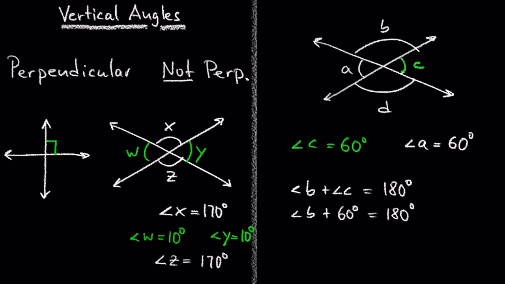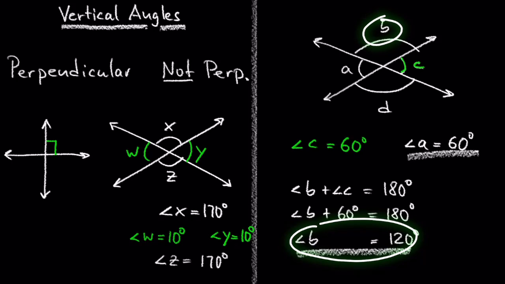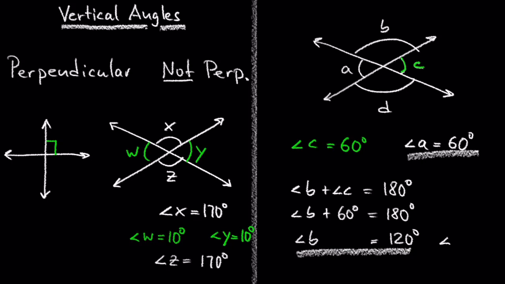And after subtracting 60 degrees from both sides, we get angle B equals 120 degrees. Angle B and angle D have the same measure because they are vertical angles. So angle D is also 120 degrees.